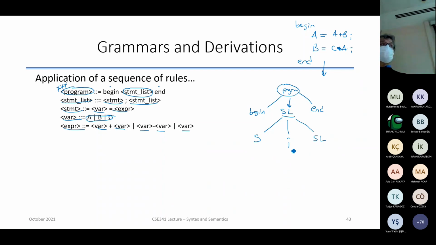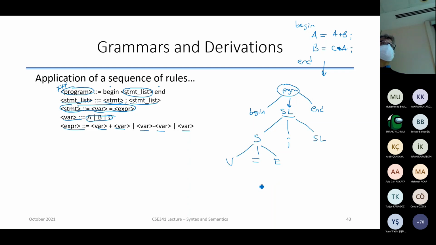Now, this is a terminal, but I have this and this non-terminals. Now, a statement can be only one thing. We see it here. It says you have to have a variable, you have to have an equality sign, and you have to have an expression. All right.